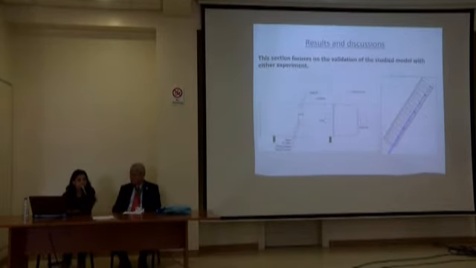Now, in order to validate our model, we have done an experiment in a wind tunnel where a closed cylinder is installed inside. This cylinder is formed by two concentric cylinders. The inner cylinder is made of copper, and inside it we inserted a rod to maintain a constant temperature, which is the skin temperature of 34 degrees Celsius.